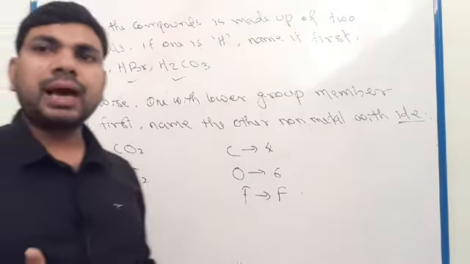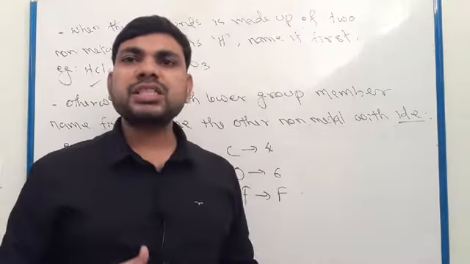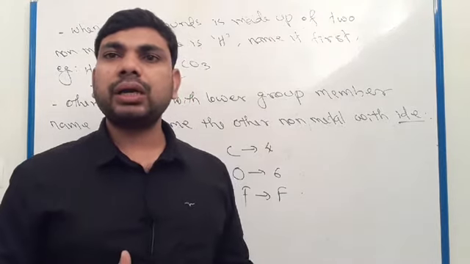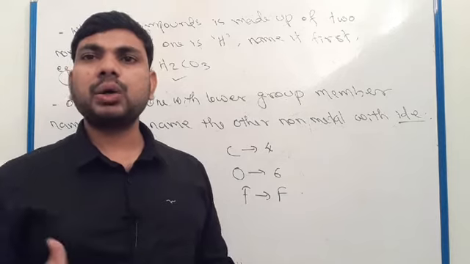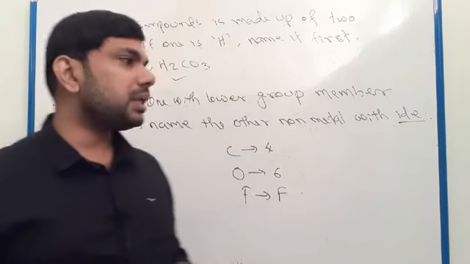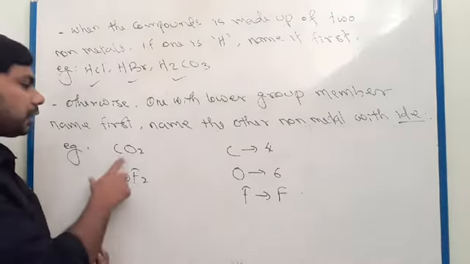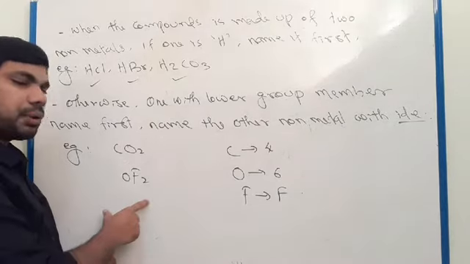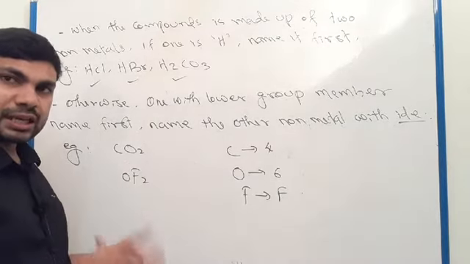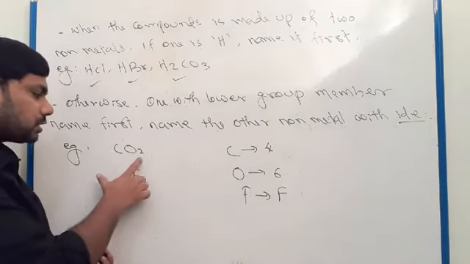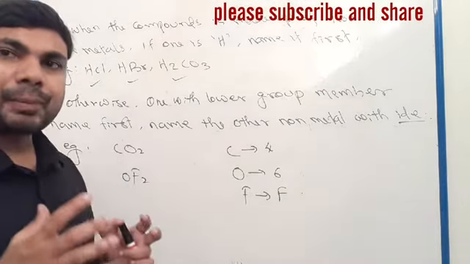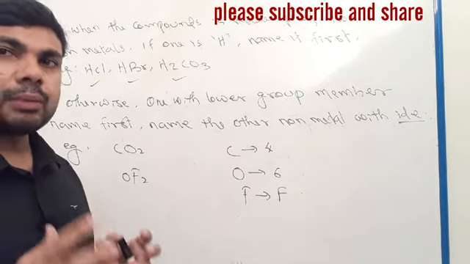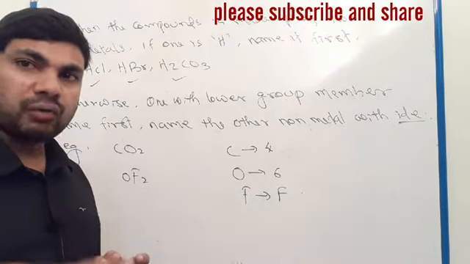Next we discuss compounds which contain non-metals only and no hydrogen. How do we name them? See the example here: carbon and oxygen, oxygen and fluorine. Here we mention first the name of the non-metal in the lower group.